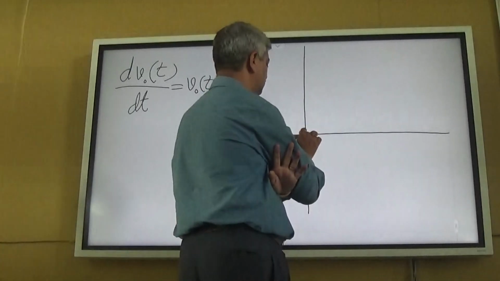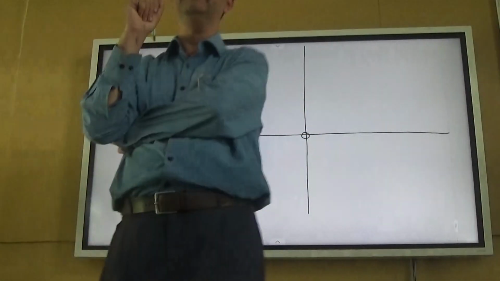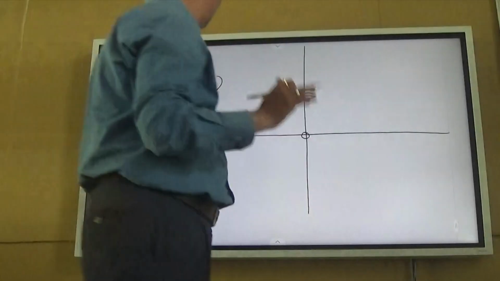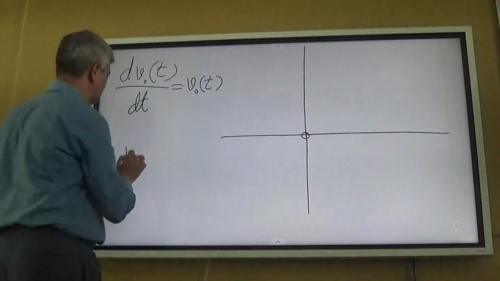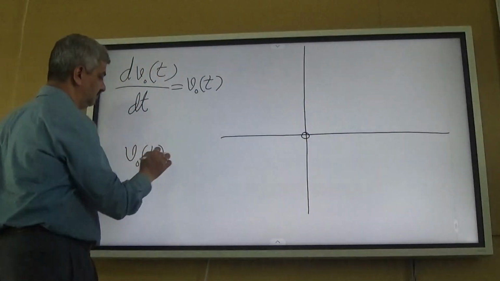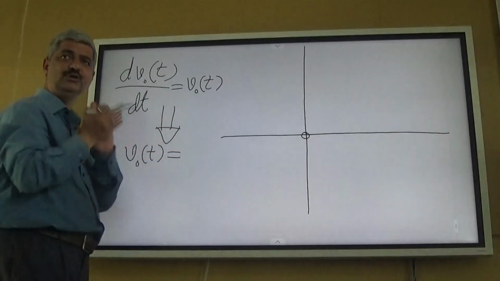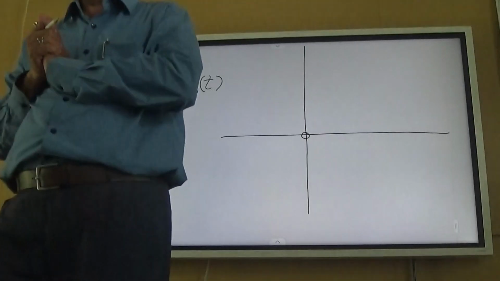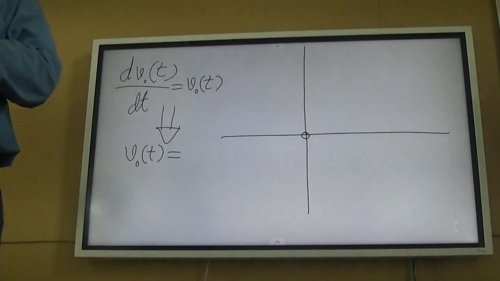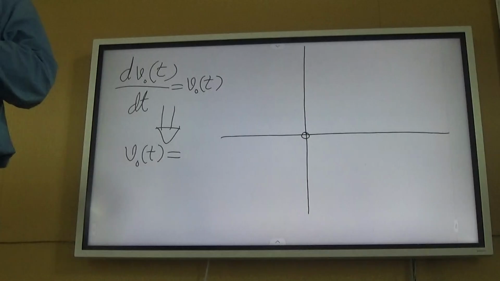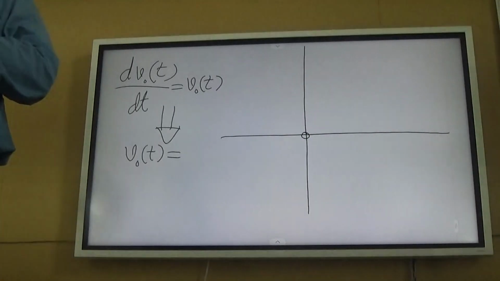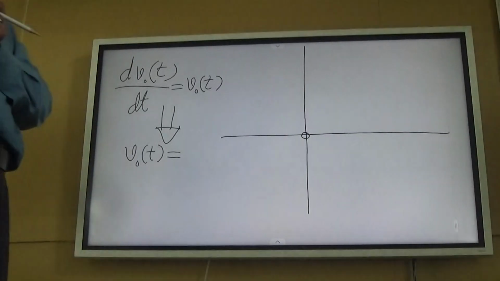So let origin be the start. What is the answer? We want an expression for VOT. We want to derive some expression for VOT, right? So we start from 0, let us say. And in which quadrant will you go?